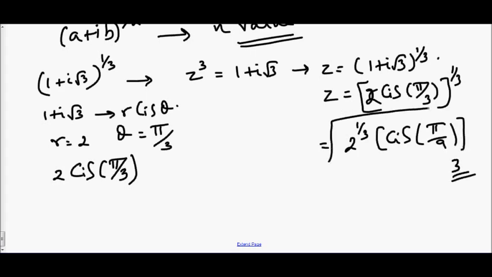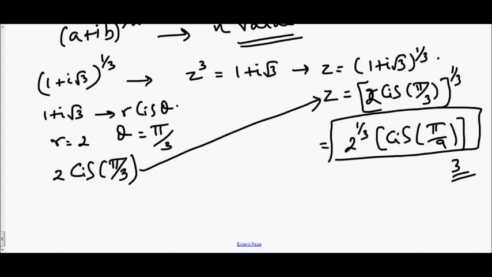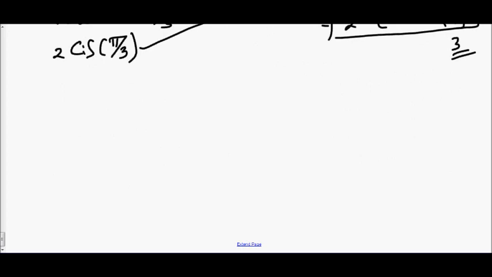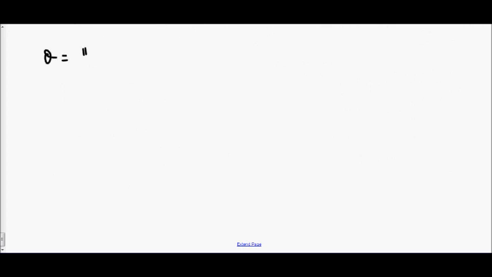I'm just getting one particular value. So this is wrong. You cannot take it like this. There is some mistake in that. Our argument was pi over 3, the modulus was 2, and the number was 1 plus i root 3. The mistake is in this.